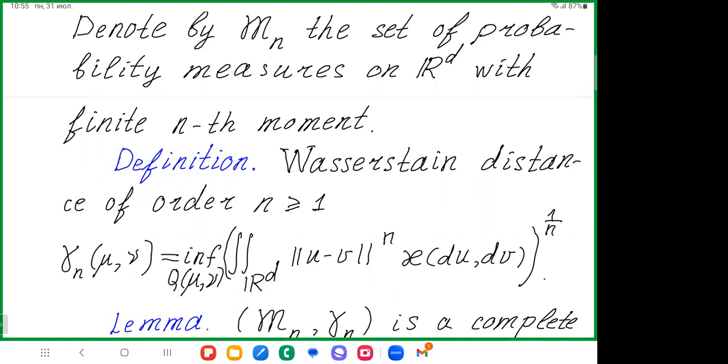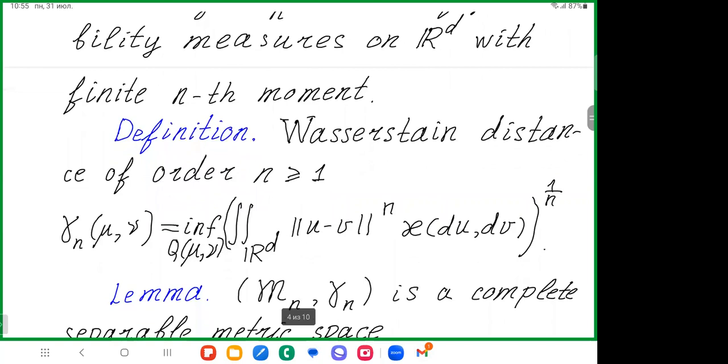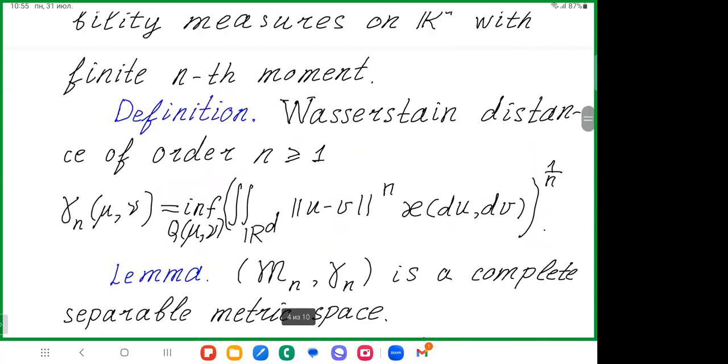And again, it is not surprising that M_n with the distance gamma_n is a complete separable metric space. The reasons are more or less the same as we discussed before for M_gamma_0.